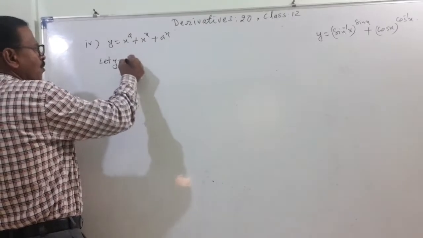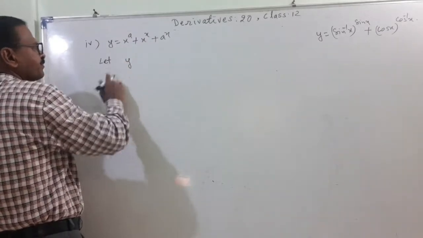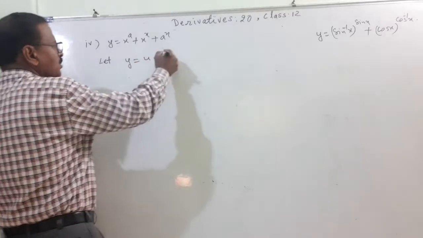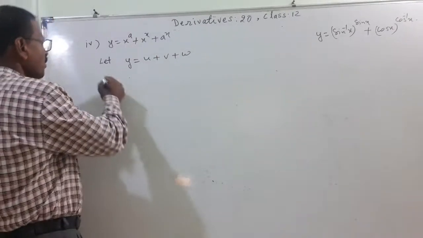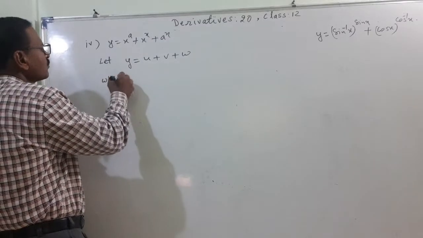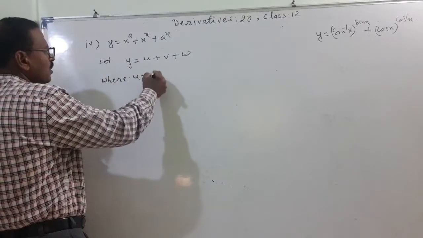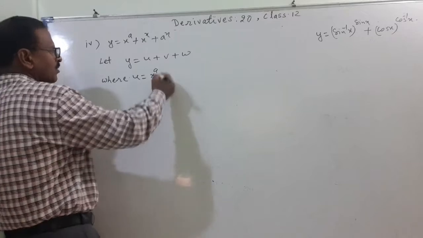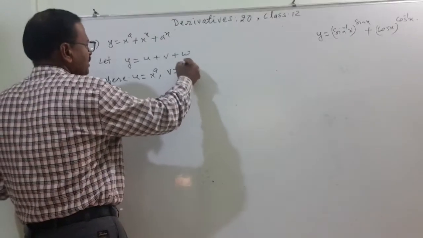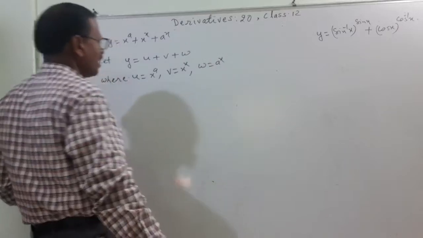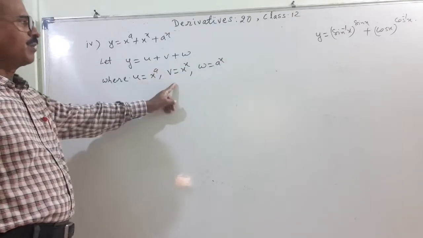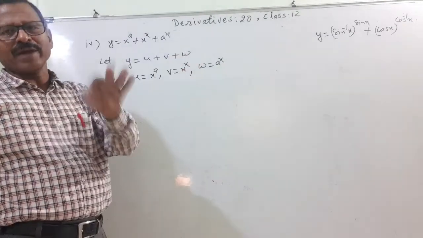Let y is equal to u plus v plus w. These are the three functions where u is equal to x raised to a, v is equal to x raised to x, and w is equal to a raised to x, and u, v, w are the functions of x.